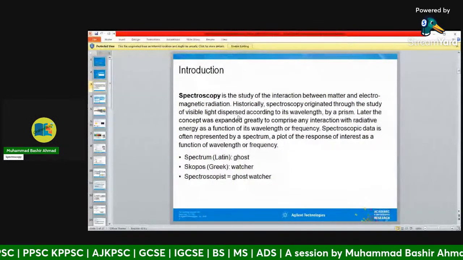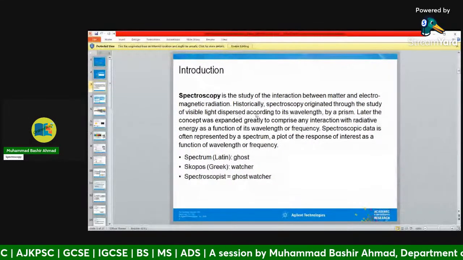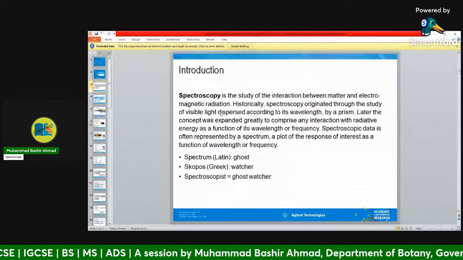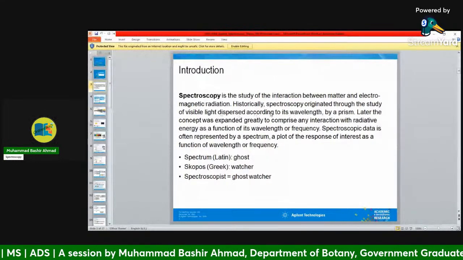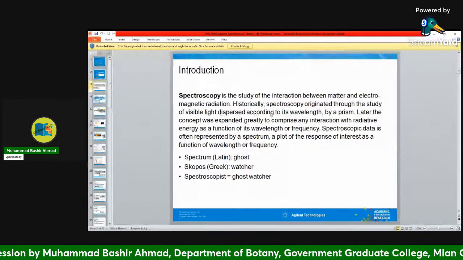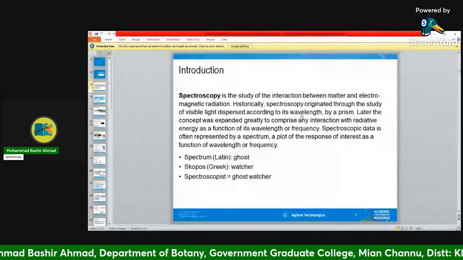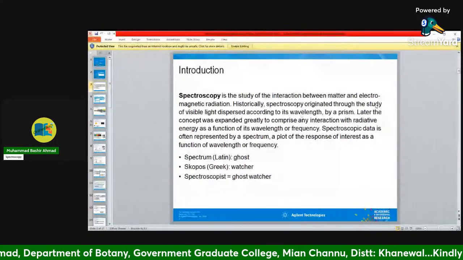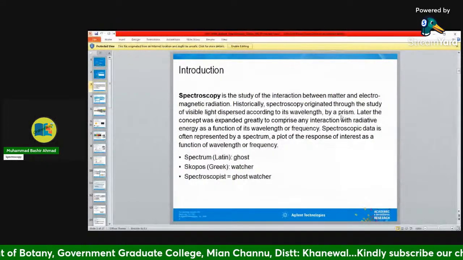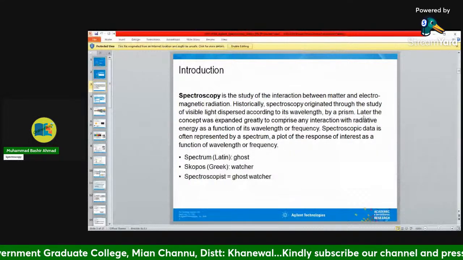There are seven wavelengths of light in visible light.